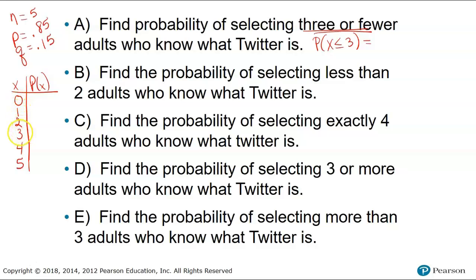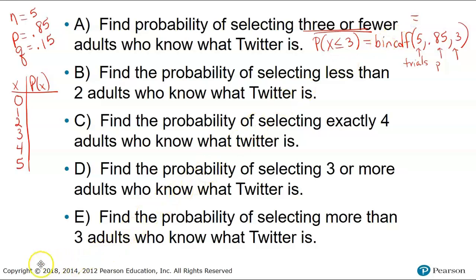all added together. And so I'm going to get my calculator to do that for me by doing the binomial CDF. My N is 5, my P is 0.85, and my X is 3. And again, your calculator may prompt you for, this may say the trials, this may say the P, and this may say something like X number of successes.